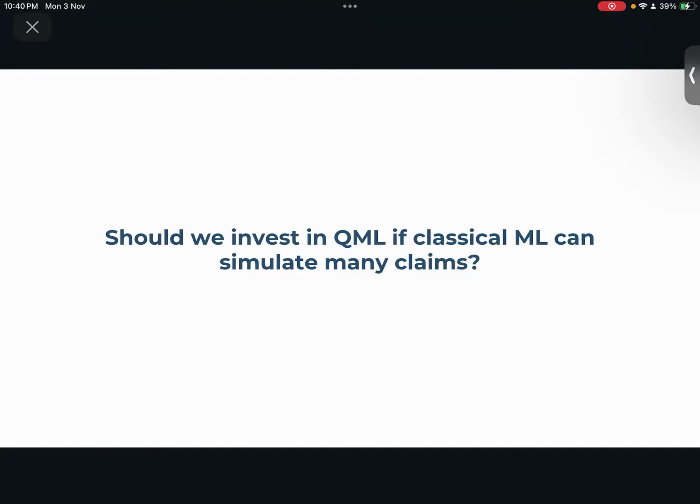But the thing is, quantum machine learning started as: we have classical machine learning and we wanted to run it on quantum hardware. How can we do this? How can we replace neural networks with quantum circuits? And this is not quite the right approach to do quantum machine learning.